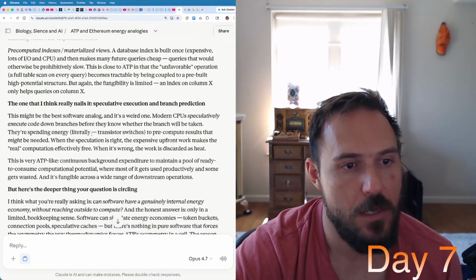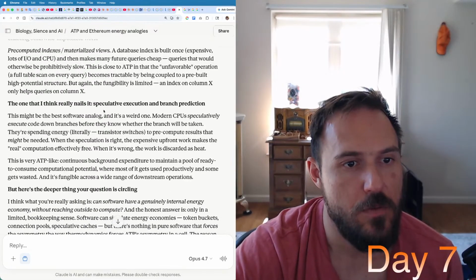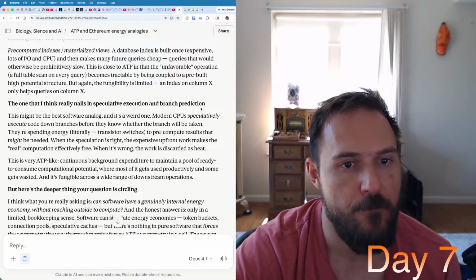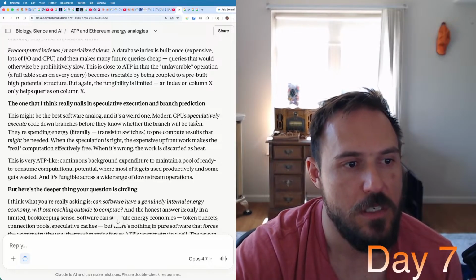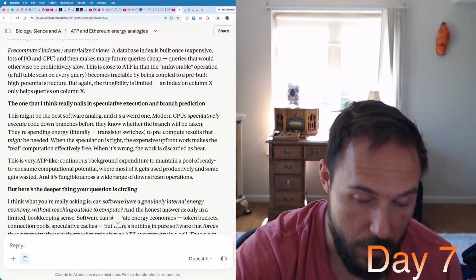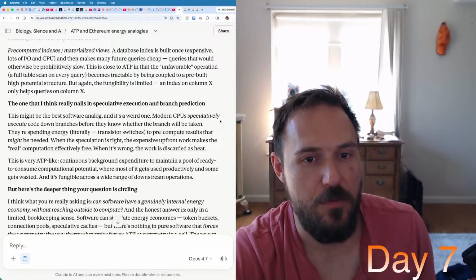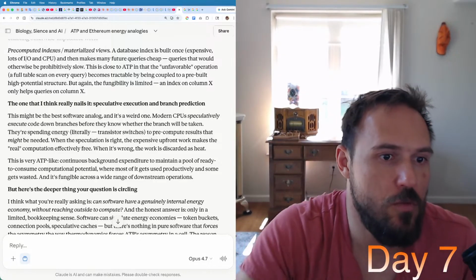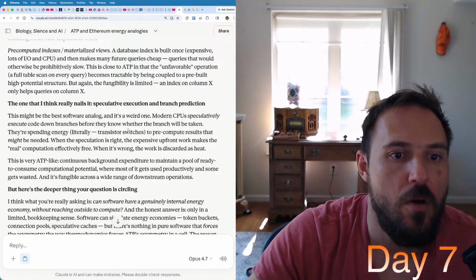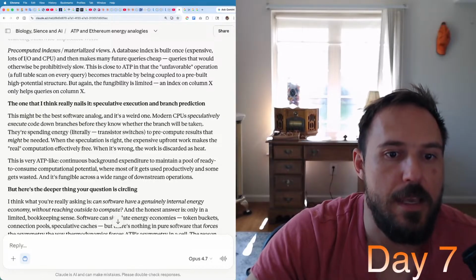The one that I think really nails it is speculative execution and branch prediction. This might be the best software analogy, and it's a weird one. Modern CPUs speculatively execute code down branches before they know whether the branch will be taken.